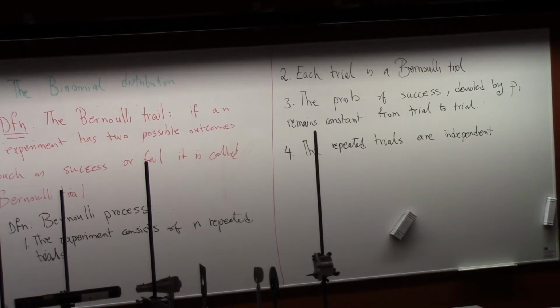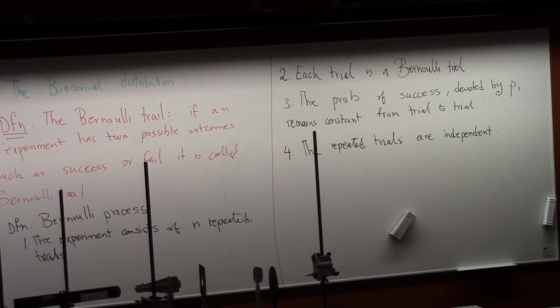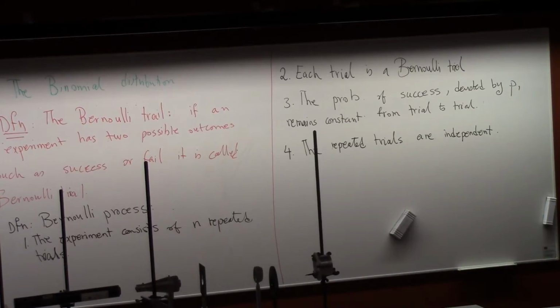So I am not throwing anything away, so steps 1, 2, 3 are satisfied. Now, does picking up a ball depend on the previous event? In other words, if I pick up a green ball and put it into the box again and pick another one, does it depend on the previous value? No, so each of the trials is independent of the others.